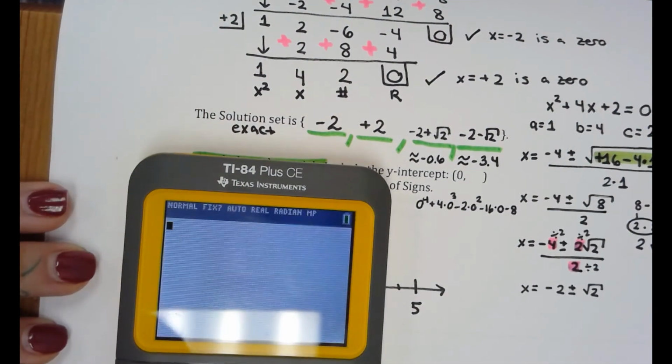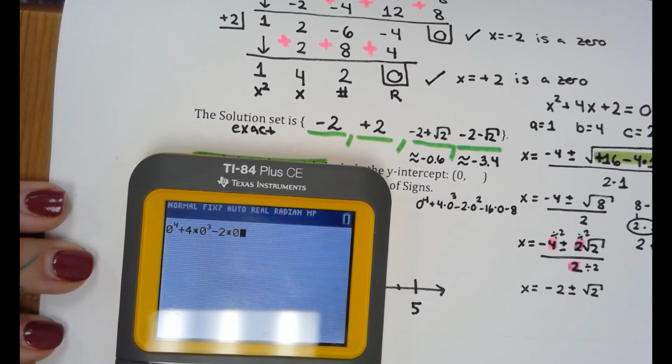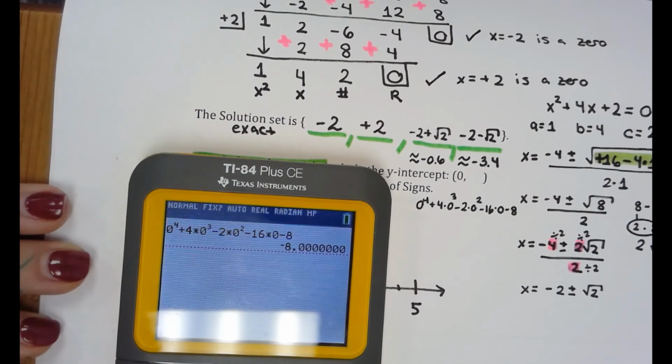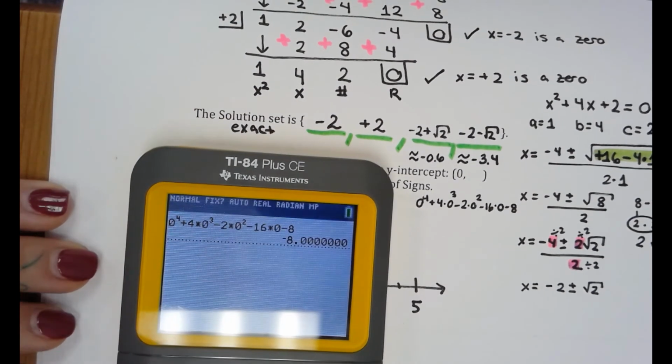So here we go. 0 raised to the 4th, plus 4 times 0 raised to the 3rd, minus 2 times 0 squared, minus 16 times 0, and then minus 8. And sure enough, we get negative 8.